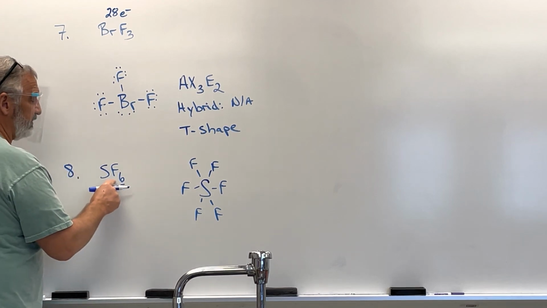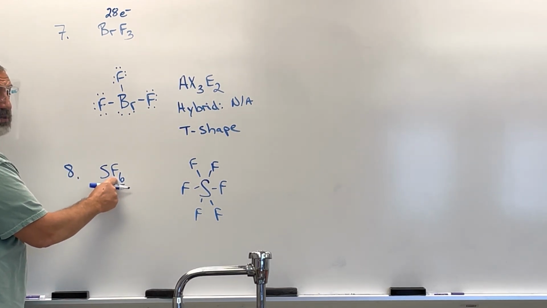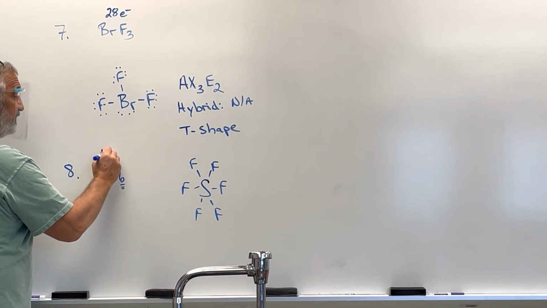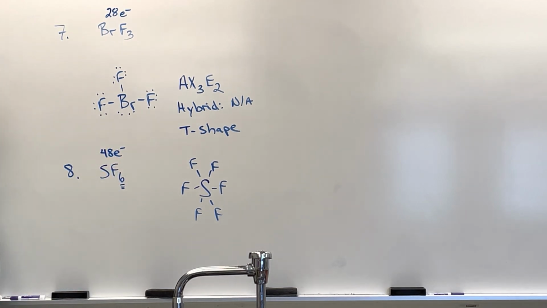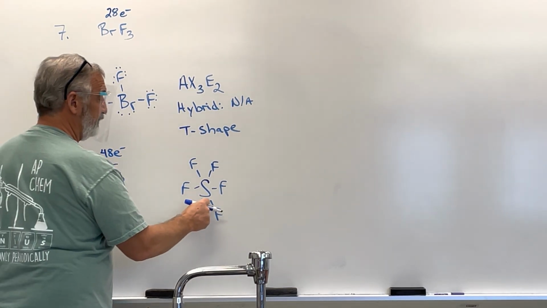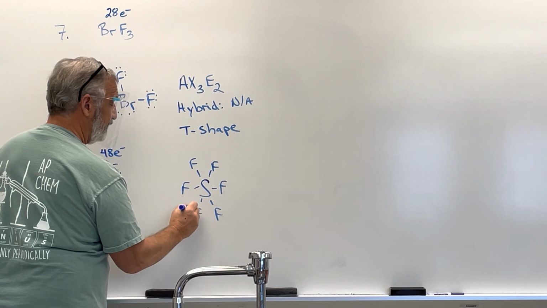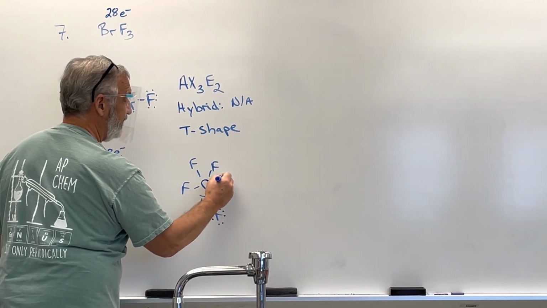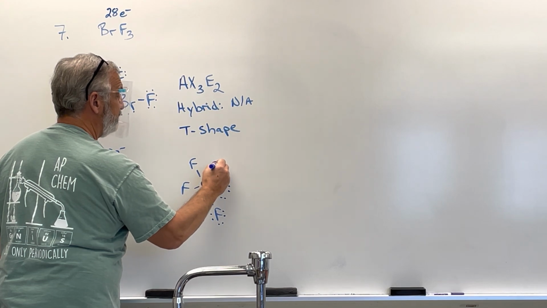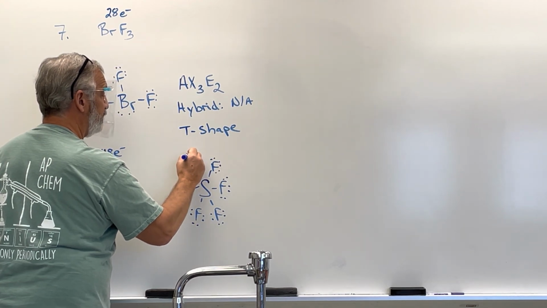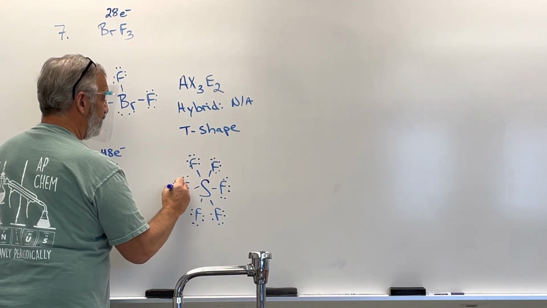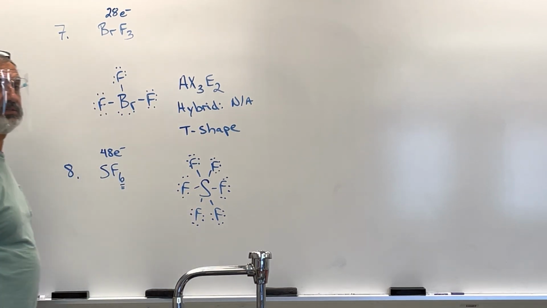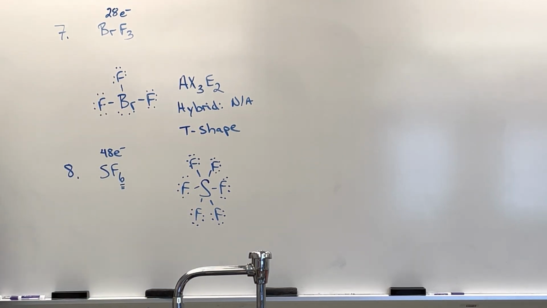Now I didn't count electrons. 6 times 7 is 42, plus 6 is 48 electrons. So I have 2, 4, 6, up to 48. So we're good. We're an expanded octet.